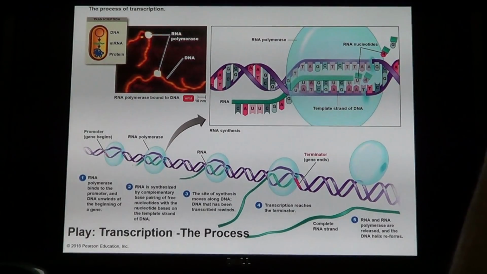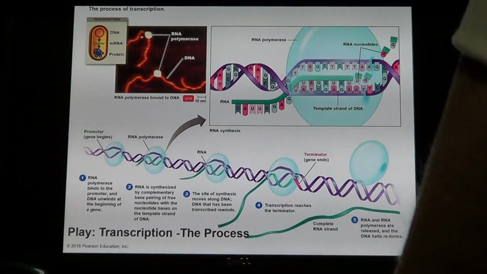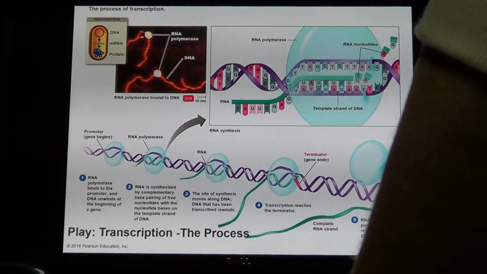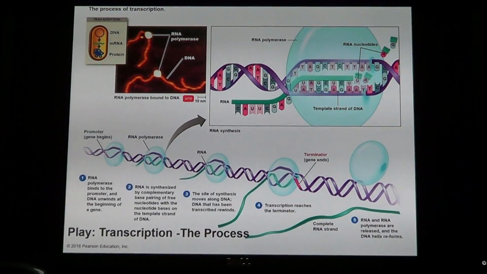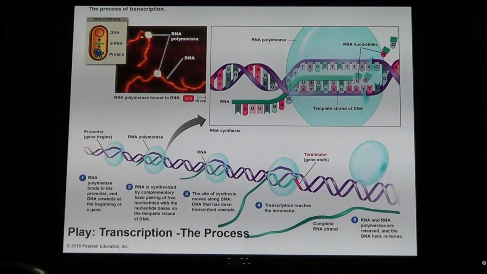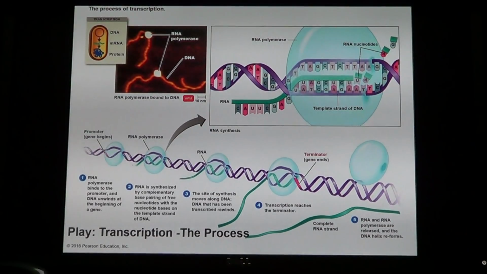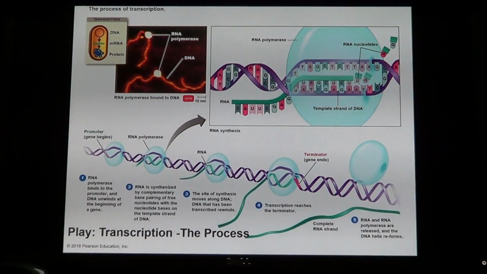So this is first initiation, then expansion with the help of the polymerase, and then termination. So we have the initiation of transcription, then a chain of messenger RNA is growing, and then we have termination.